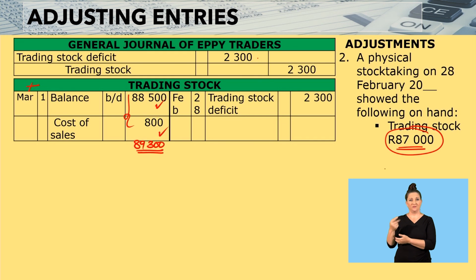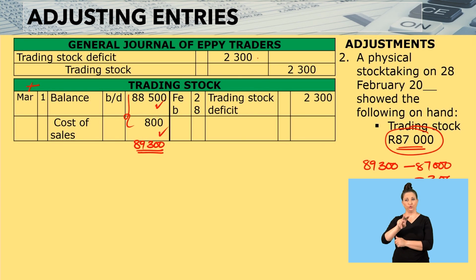So if we get the difference between 89,300 and 87,000, that will give you 2,300. And you can see that it means the physical stock take is less than the stock that is in the business records. Therefore, we end up with a trading stock deficit. And when we have a trading stock deficit, we debit it because it is an expense.